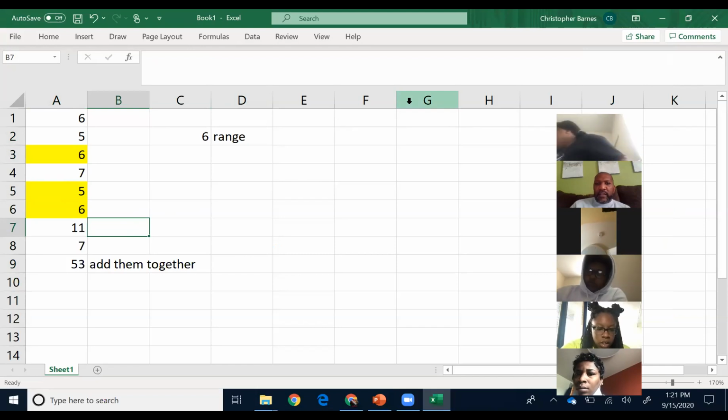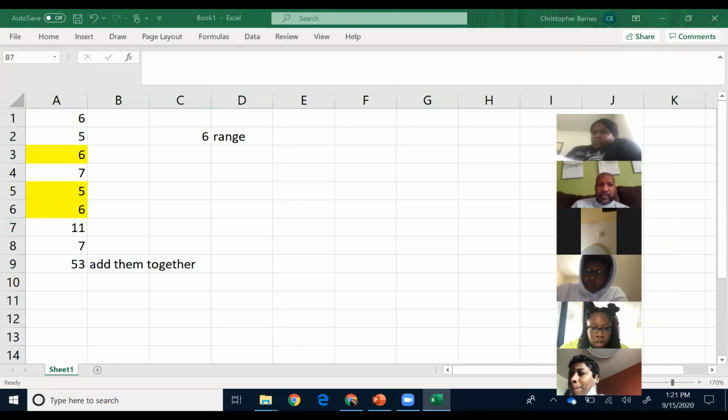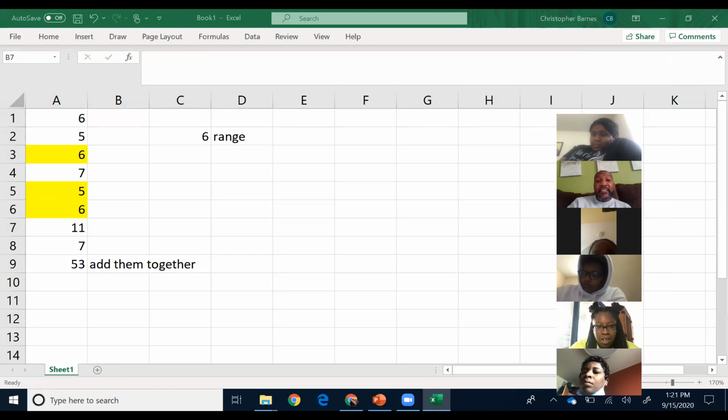My value, I would put my initials in there, CB. I did 6, 6, 5, and my range equals 1. All right, so now Reese, you put 3 in, but let's figure out what your range is.